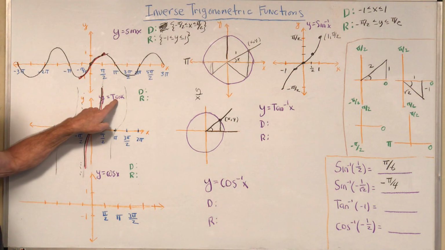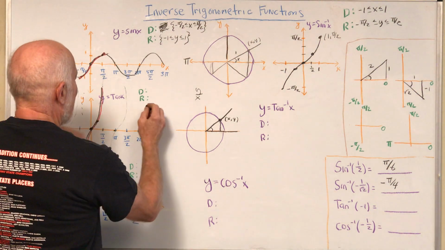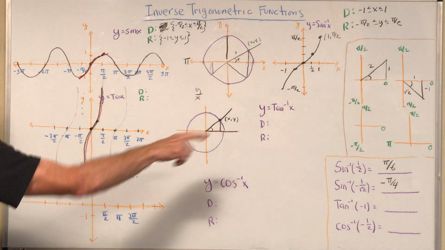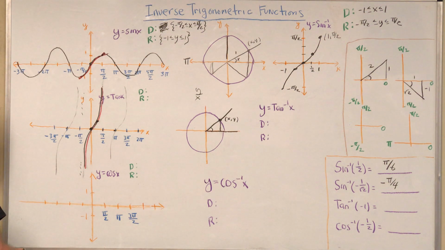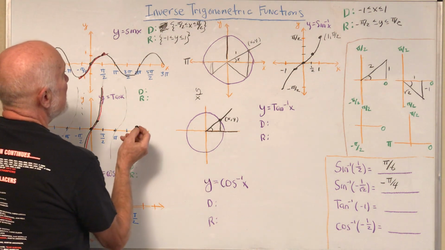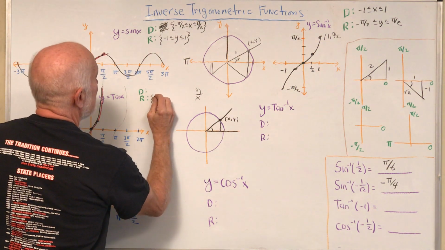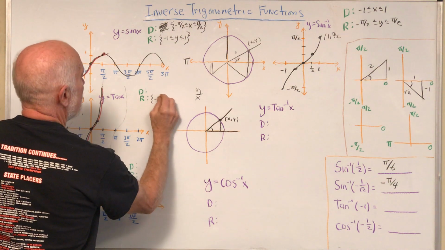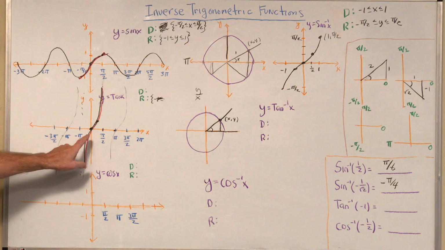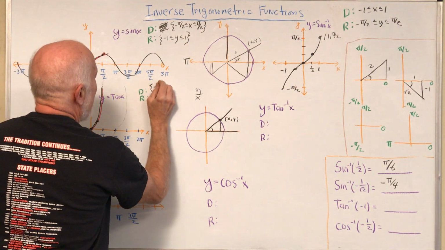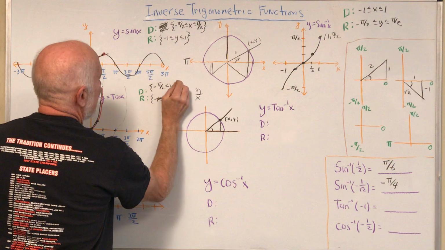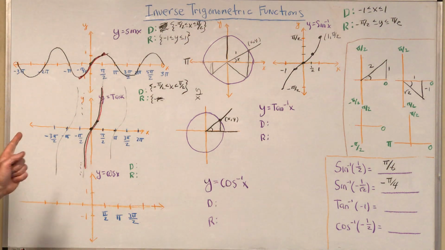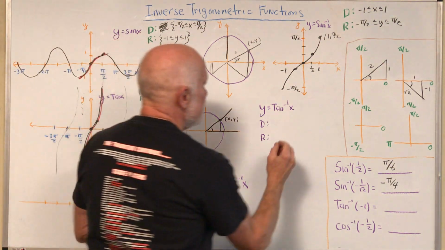The tangent normally has a range that would go all the way from negative infinity to infinity, but we're going to restrict the domain to negative pi over 2 less than x less than pi over 2. That's important because that's going to become the range over here.